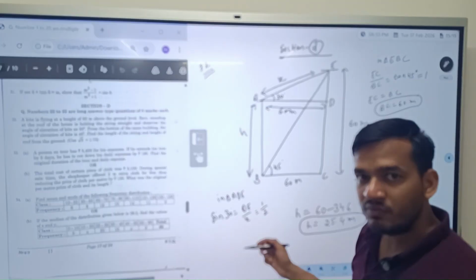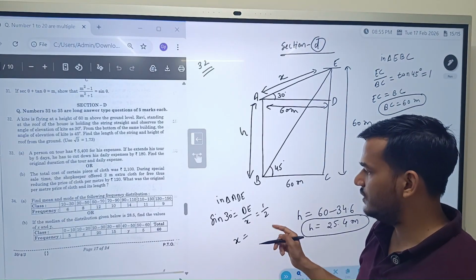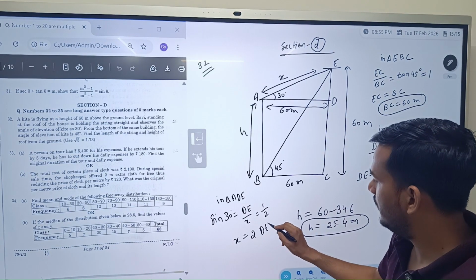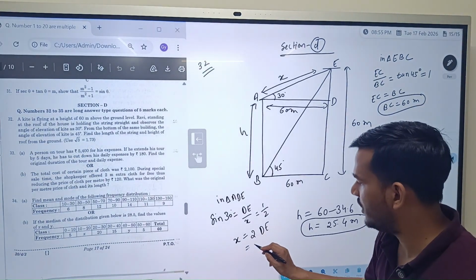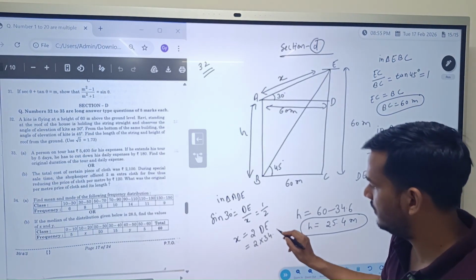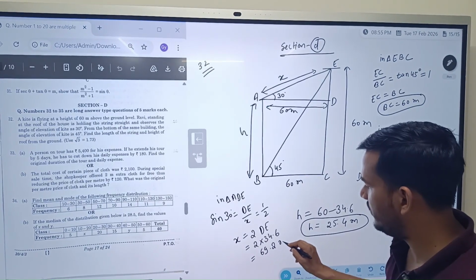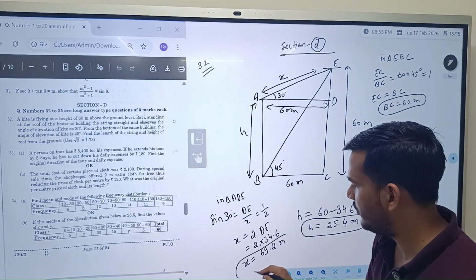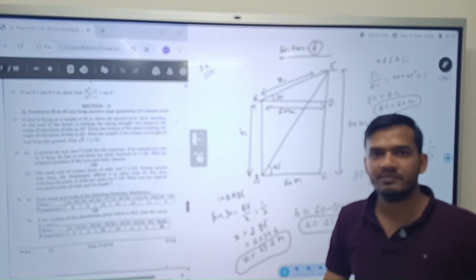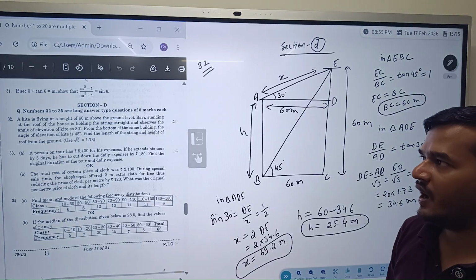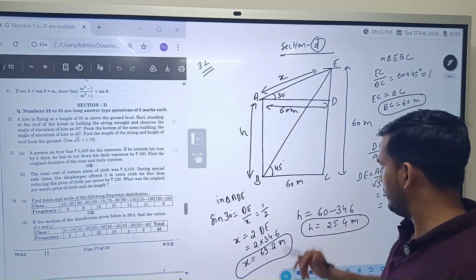Sine 30 is 1 by 2, so x is equal to twice of DE. DE is 34.6, so you will get 69.2 meter. 69.2 meter is the length of the string, and 25.4 meter is the height of the building.